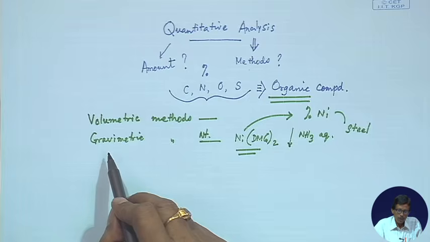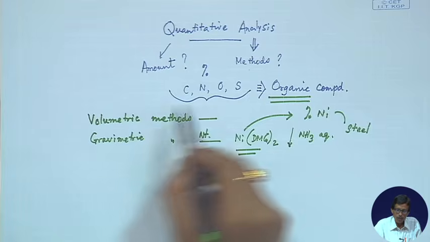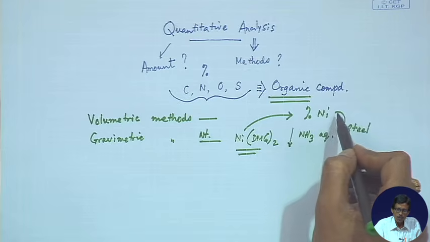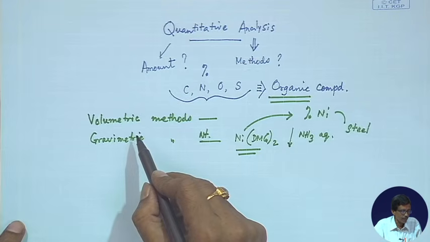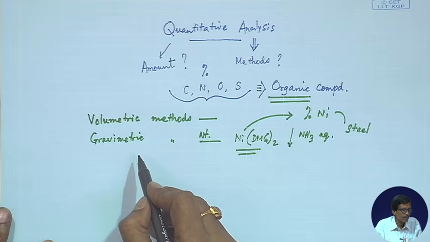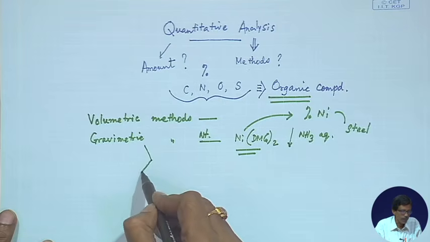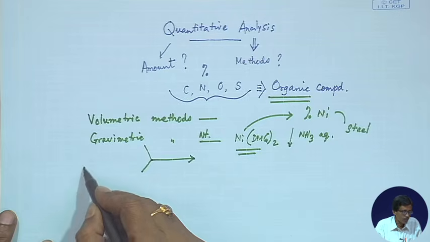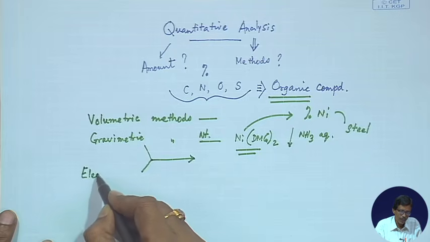So, when we talk about the weight, when we talk about the volume of something which is directly proportional to the unknown concentration of nickel, we get the volumetric analysis. And if we can tag this particular technique with some electrochemical method, we can give rise to something which is known as an electroanalytical method.